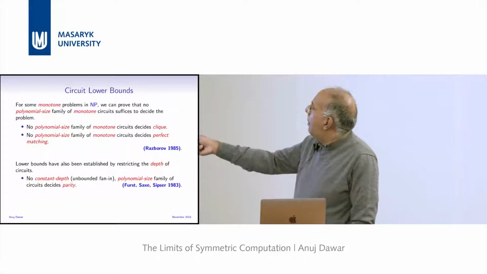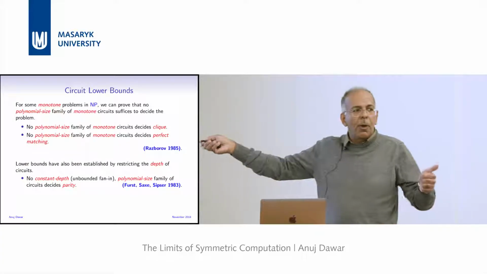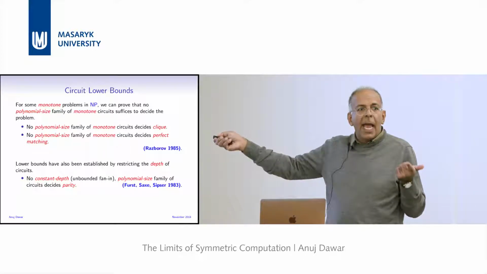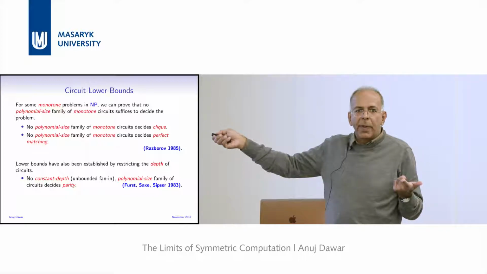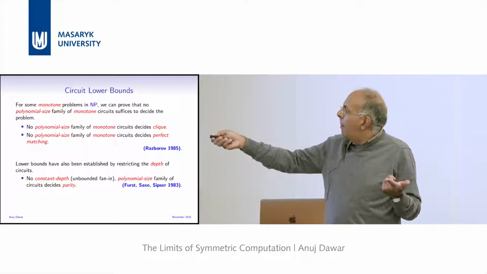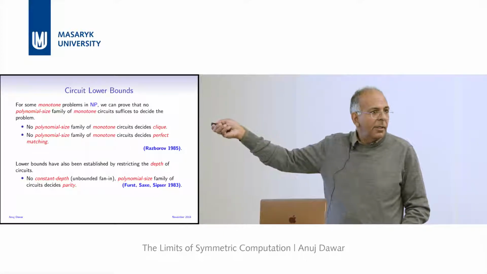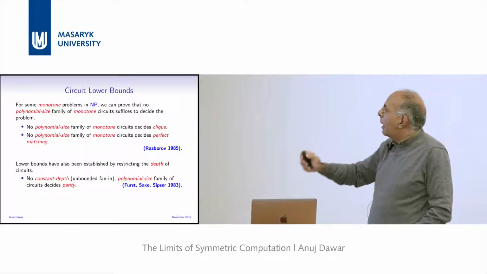So perfect matching, for instance. We know there's a polynomial time algorithm. As I said, it's not obvious. It's a monotone problem. Adding edges to a graph will not make a perfect matching go away. But Razborov already showed that there are no polynomial size families of monotone circuits, even for perfect matching.